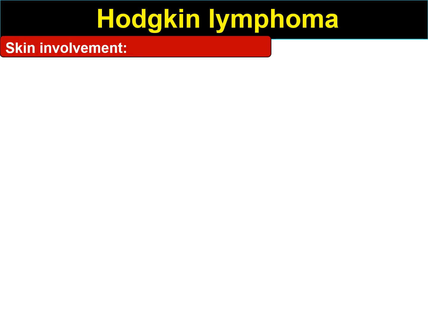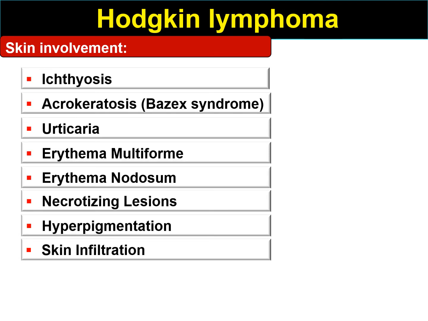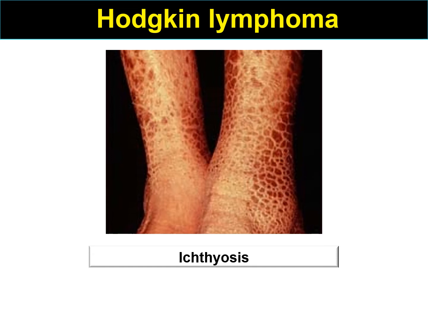A variety of skin disorders are associated with this Hodgkin lymphoma. Some of these are ichthyosis, acrokeratosis or Bazex syndrome, trichomegaly, erythema multiforme, erythema nodosum, necrotizing lesions, hyperpigmentation of the skin, or skin infiltration by the tumor cells. This picture is showing ichthyosis.